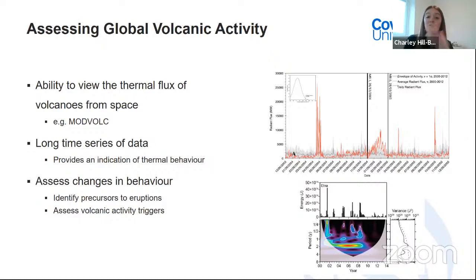Going back to what Craig mentioned in terms of my research and my PhD, does an earthquake have the ability to trigger volcanic activity? Or can we even use this information to forecast future periods of volcanic activity? So thermal information, or understanding long time series of data, is really beginning to be quite critical in our understanding of our environment.